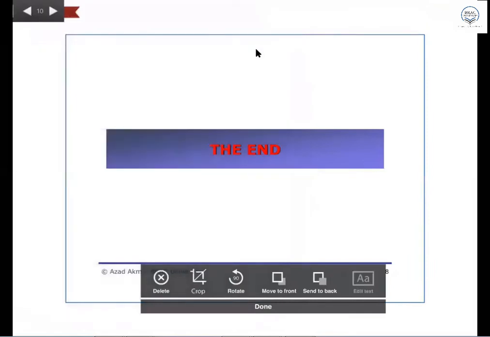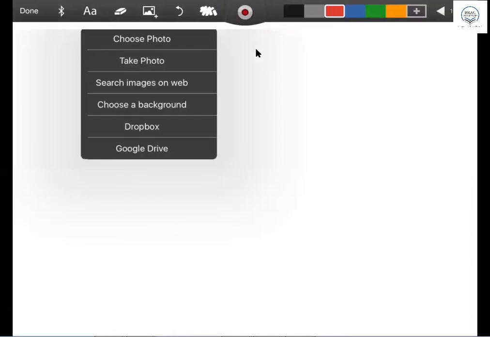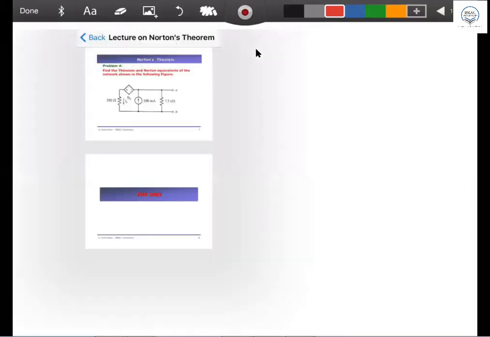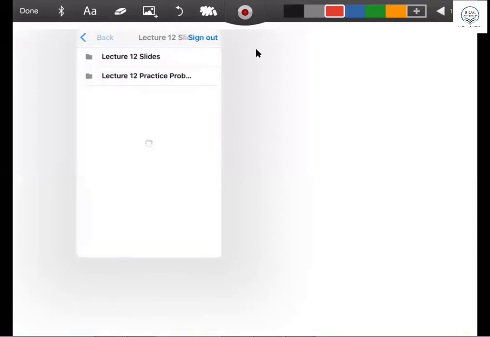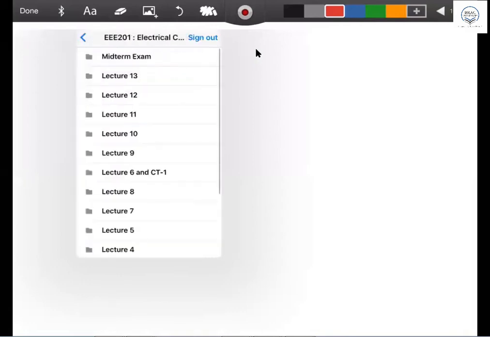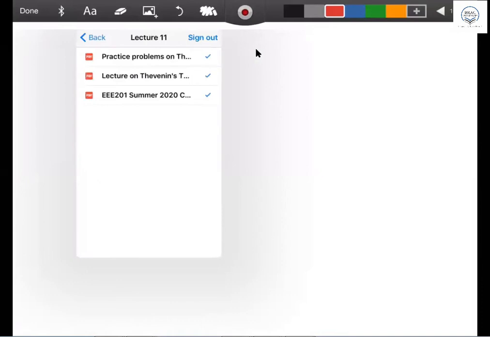We want to go with the dependent source problem first, and then go back to those problems in the slide, which also involve dependent sources in Norton. First we'll see the Thevenin dependent source problem, then come back to the Norton one. Do you remember last class, lecture 11, the lecture on Thevenin?